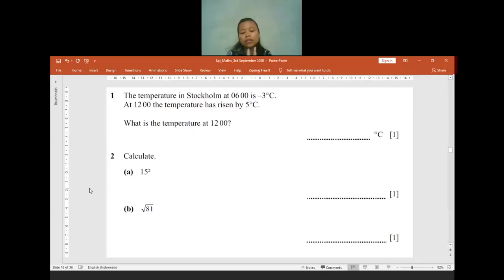But for now, I will just give you some questions, about 45 marks only, not exactly 50 marks. So at home, maybe you can try to do it and put a timer for yourself. Will you be able to finish it in 1 hour or not? I already checked all the questions. All of them are material from book 7, so I think you will be able to finish it.